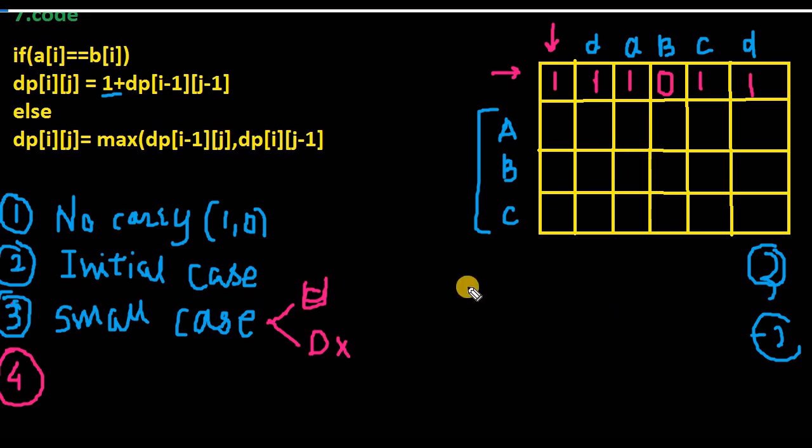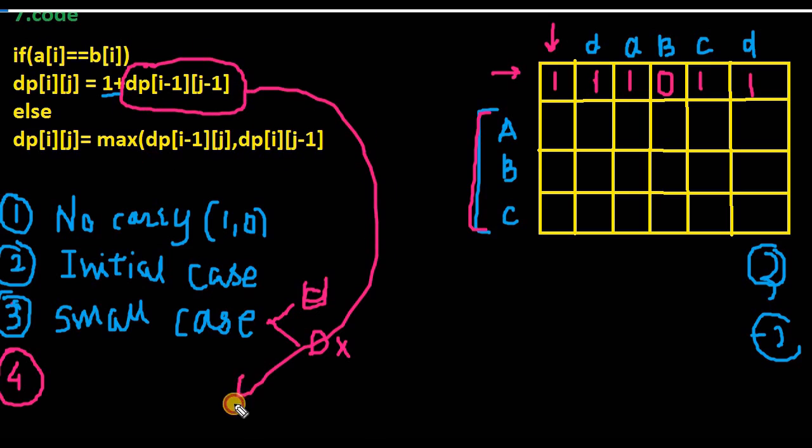So in this case, because we are looking for this exact string, we will only update the value when this particular condition is true. Let me take a small table and show you.